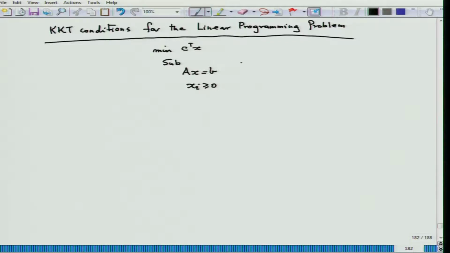So, I can write this equivalently, where i is from 1 to n. You can see the Slater condition actually holds, and I have taken A to be full rank, so all these are linearly independent, and once I know this fact, I can construct the Lagrangian.